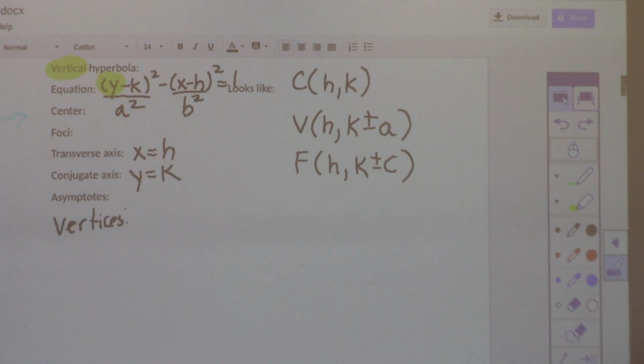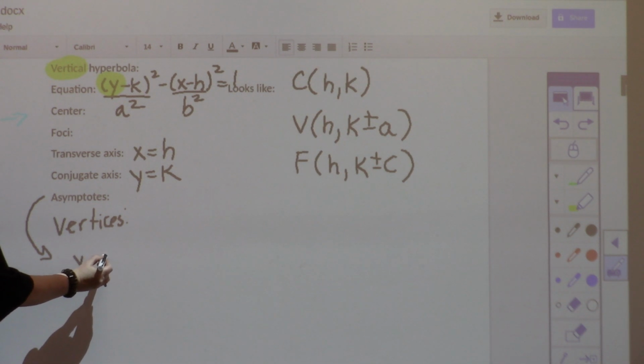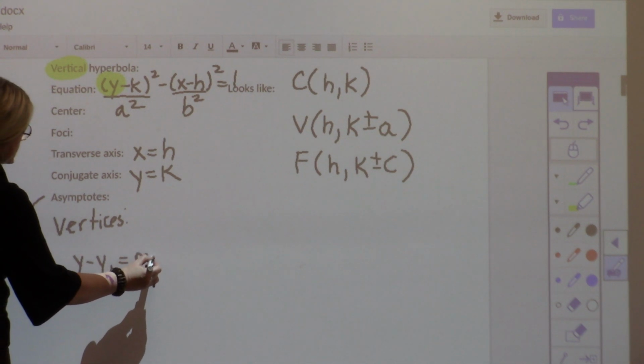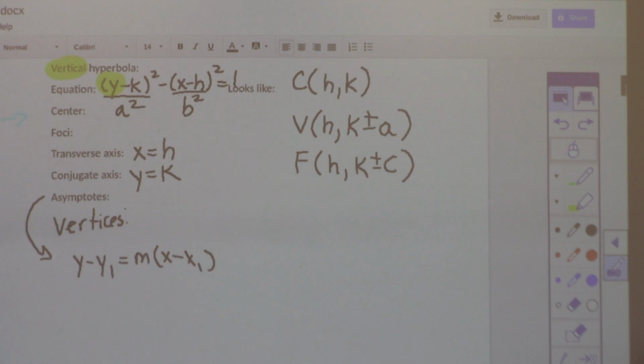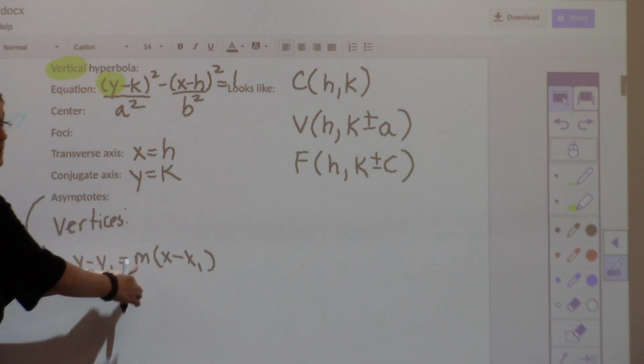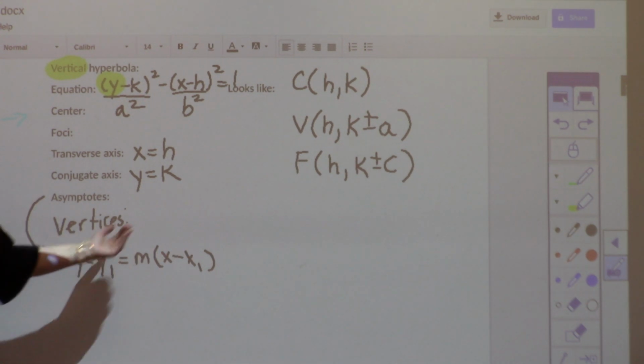Now, the asymptotes. There is an equation for the asymptotes. It's very easy. It comes from the point-slope form of a line. In other words, do you remember this formula from Algebra 1? y minus y1 equals m times (x minus x1). You've got a point and a slope. That's the point-slope form of a line.